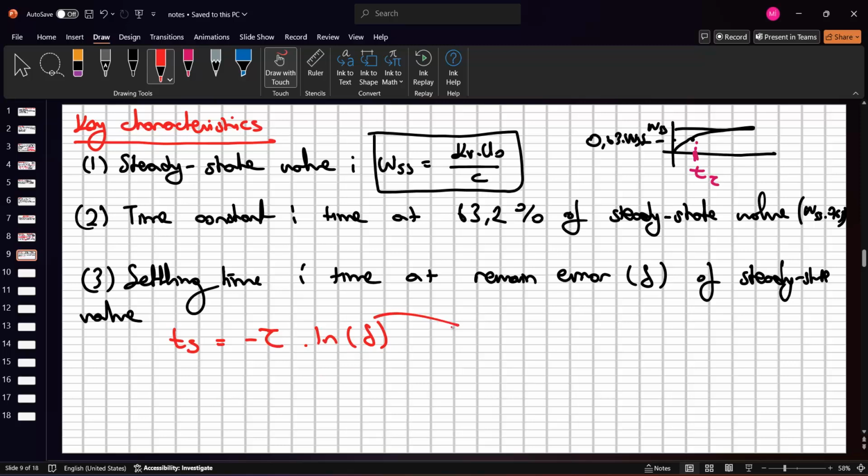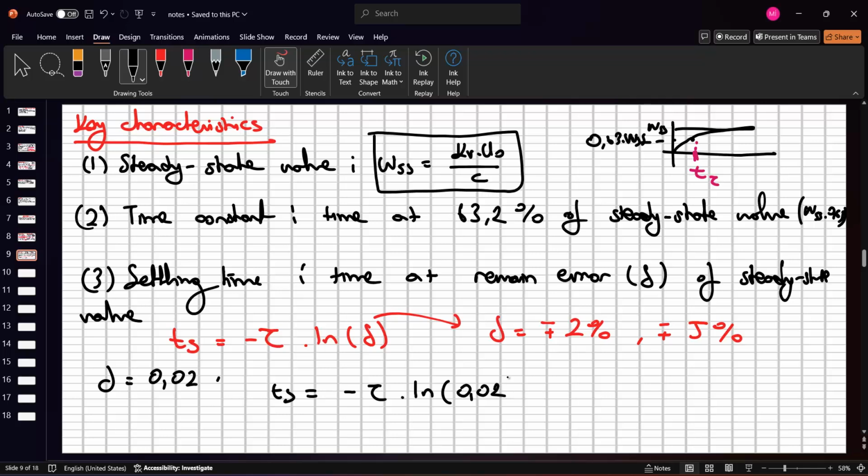Okay, and so we can easily assign the delta equal to plus or minus 2%, or for implementation with noisy signals, we can assign 5% of this value. For example, if we choose delta equal to 0.02, then TS is equal to tau times Ln 0.02, which is equal to 4 tau.